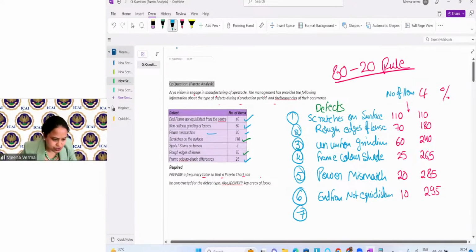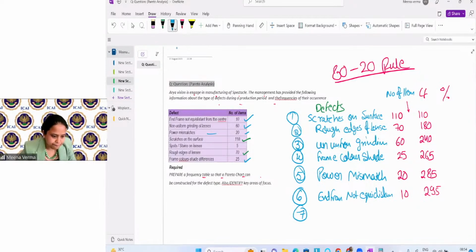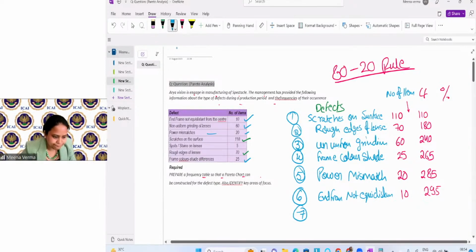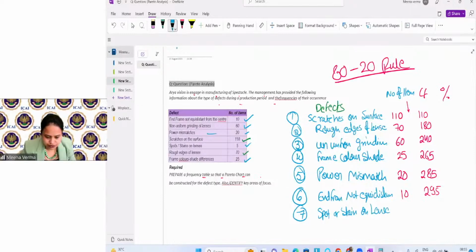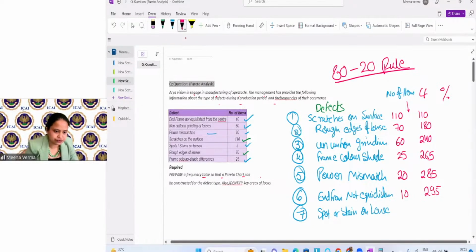The last one is spot or stain on lens. What is it? 5. So this will be 300.